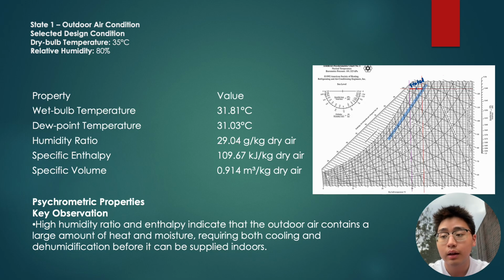Based on the psychrometric chart, the outdoor air has a humidity ratio of approximately 29.04 grams per kilogram of dry air and a specific enthalpy of 109.67 kilojoules per kilogram of dry air. This indicates that the outdoor air contains a large amount of heat and moisture. Therefore, both cooling and dehumidification are required before the air can be supplied indoors.